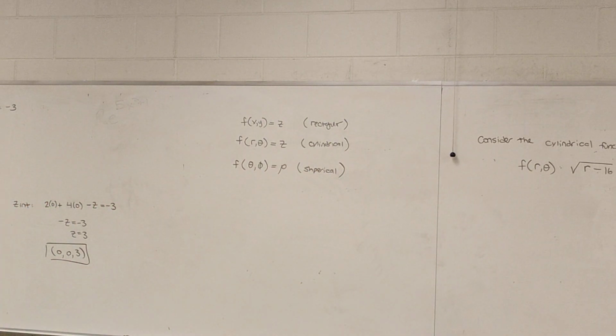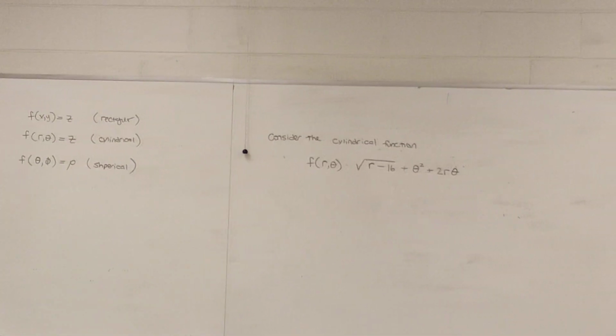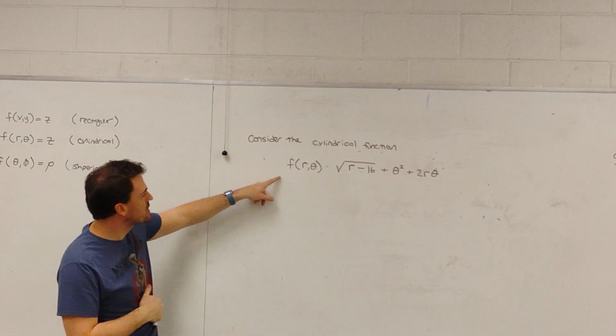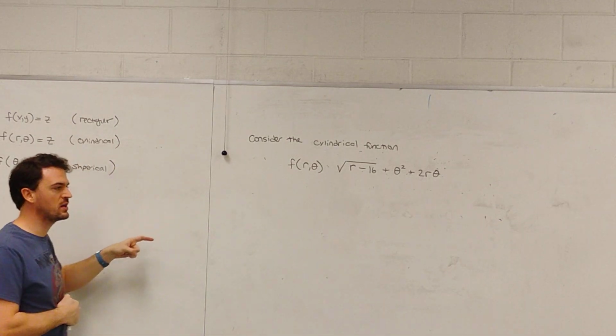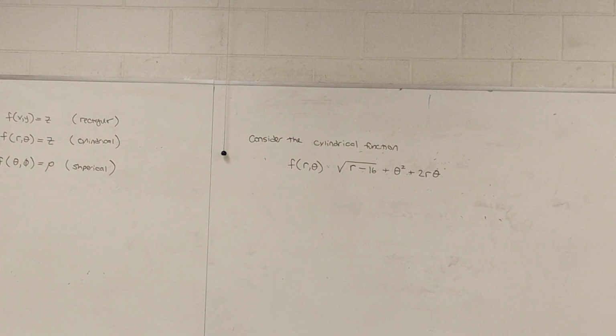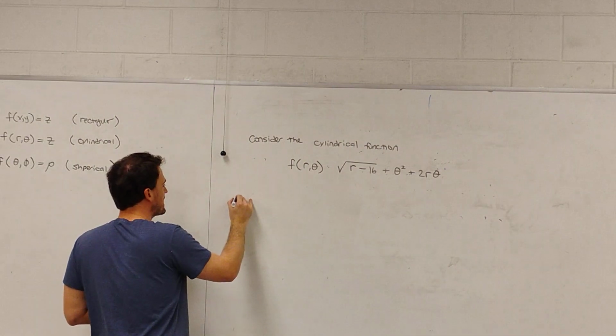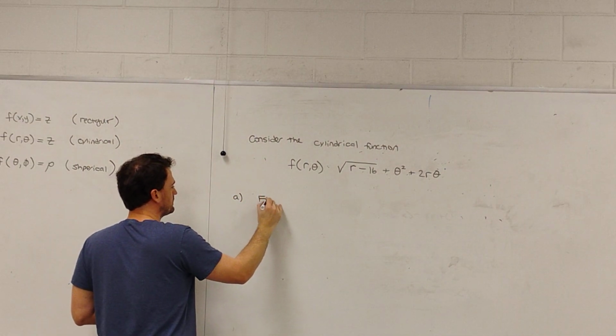So consider the cylindrical function. So this is a function of r and theta. It's going to output a z coordinate. And just to show you, we can do all the same ideas. Find the domain.